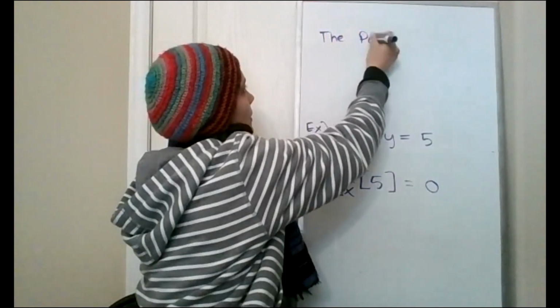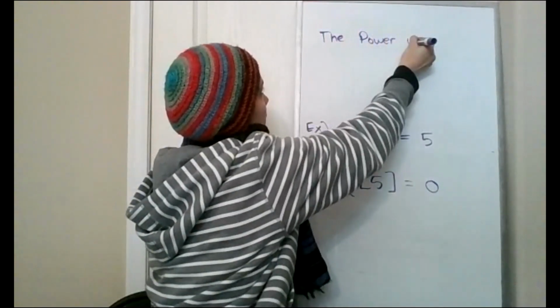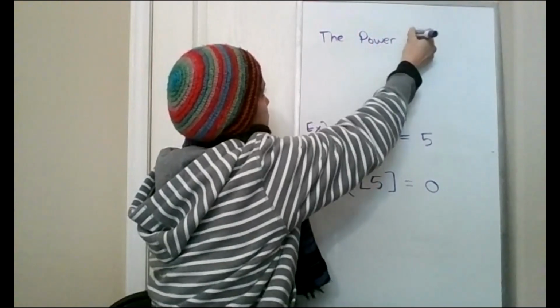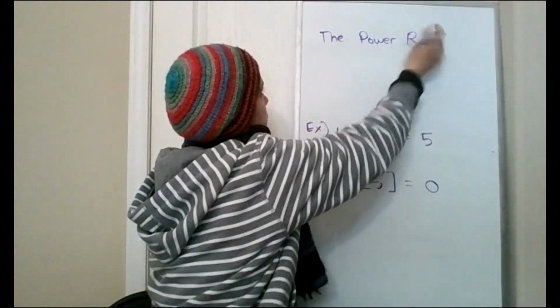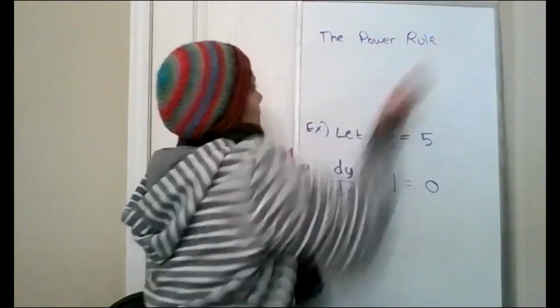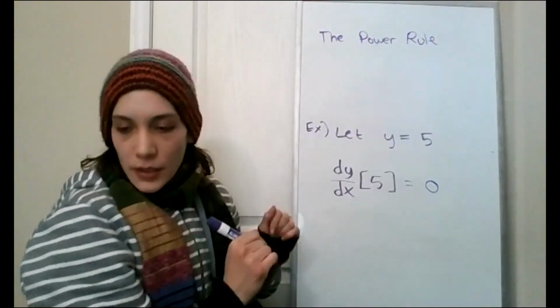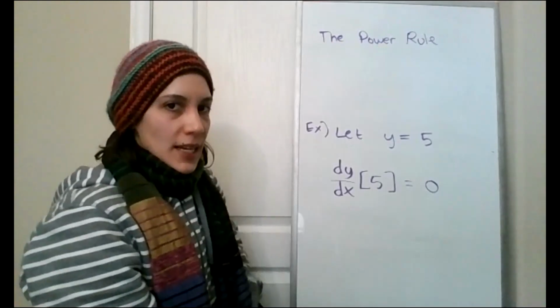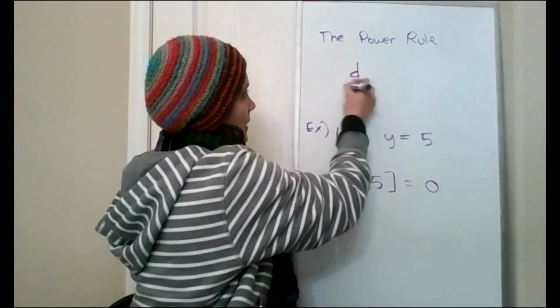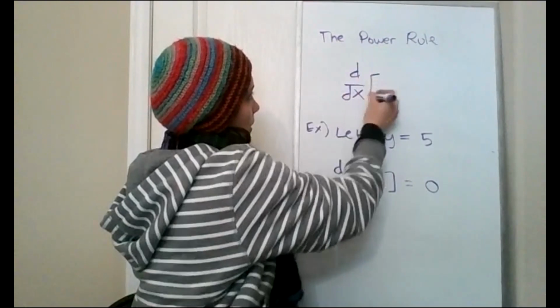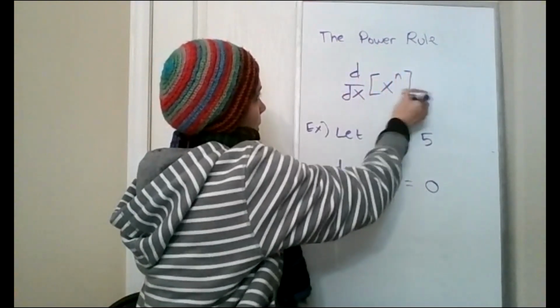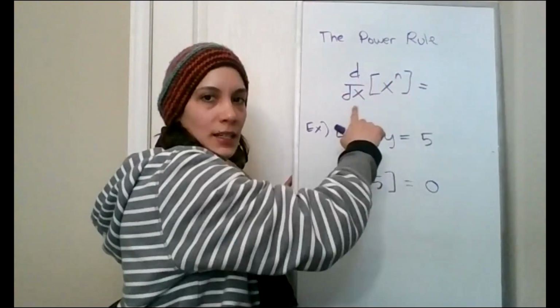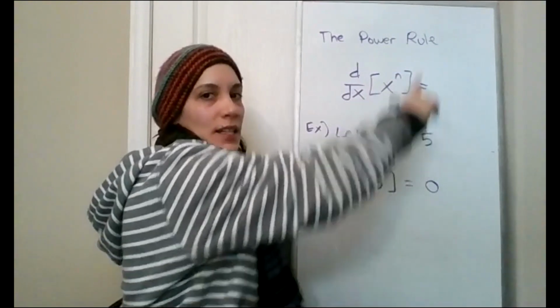The derivative with respect to x of x to the n, d dx of x to the n, is n times x to the n minus 1.